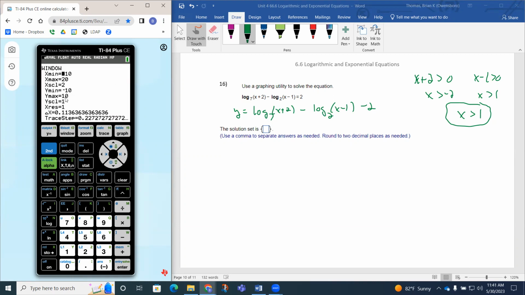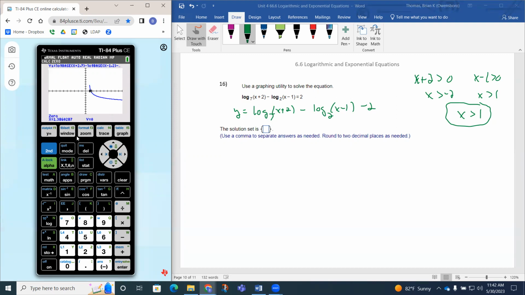So if I change my window back, notice how my window wasn't there. If I zoom number 6, you can see that the 0 is between 1 and 2. It looks almost like 1.5 as an estimate. So if I hit second calculate 0, do a left bound, hit enter, do a right bound, hit enter, hit enter again.